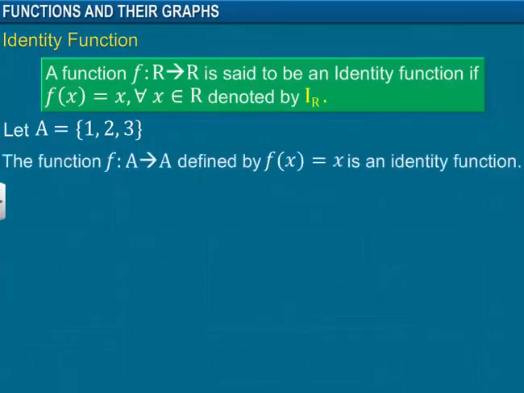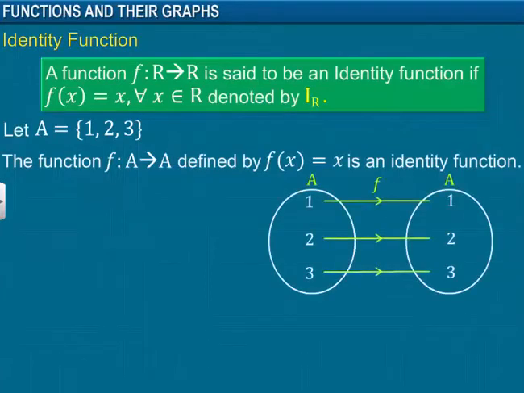Then, the function f defined on A by f(x) = x is the set of ordered pairs (1,1), (2,2), and (3,3). This is an identity function.